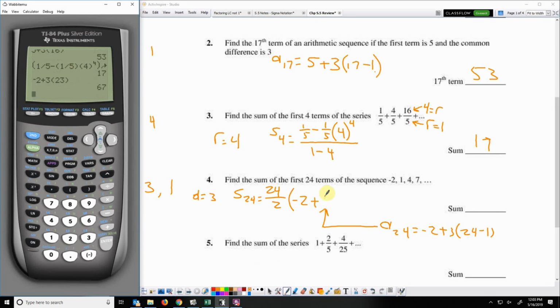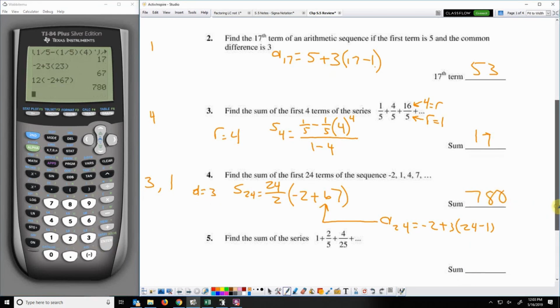So 67 is the value of the 24th term. So now I can evaluate the sum of those 24 terms. 24 over 2 is 12 times negative 2 plus 67. 780 is the sum of the first 24 terms.